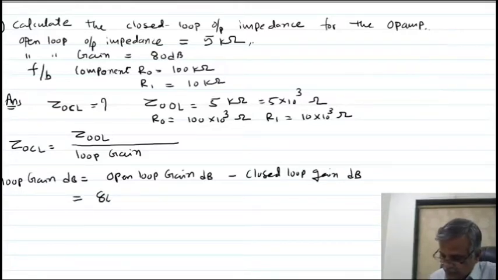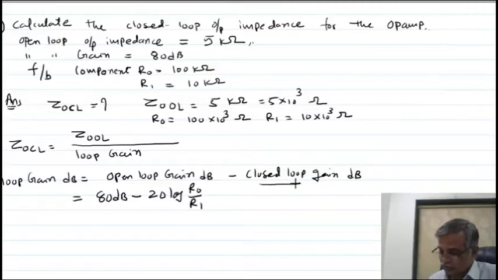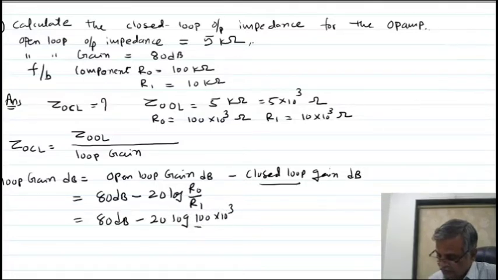This open loop gain they have given 80 dB. In dB you have to calculate closed loop gain as 20 log feedback resistor upon input resistance. So 80 dB minus 20 log, Rf 100 kilo ohm, R1 10 kilo ohm. So you get 80 minus 20 dB, so it is your 60 dB.